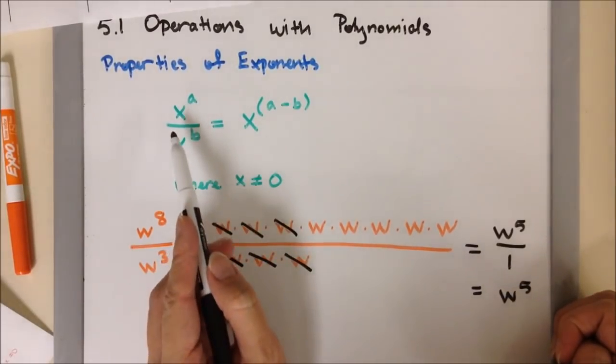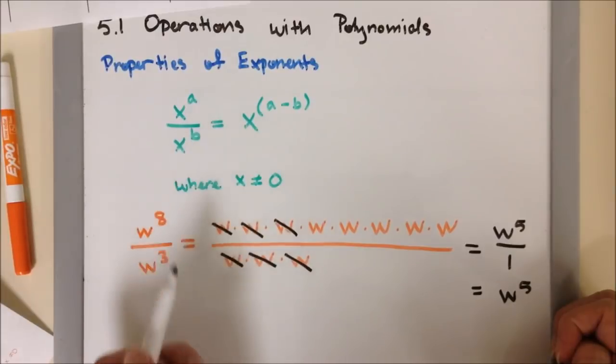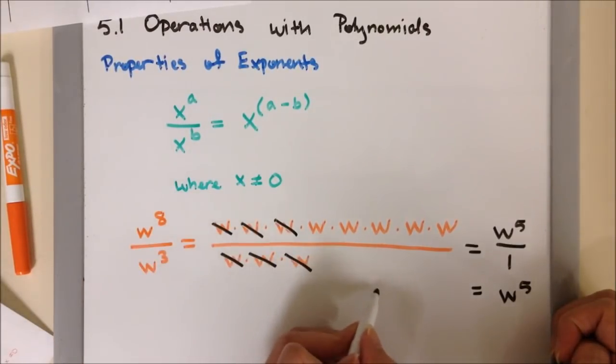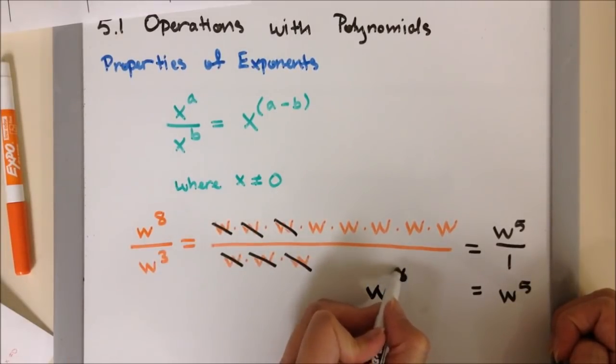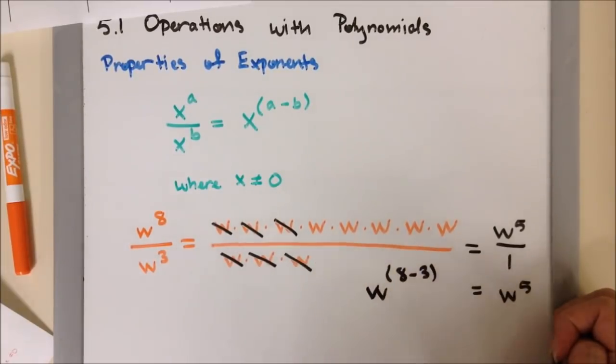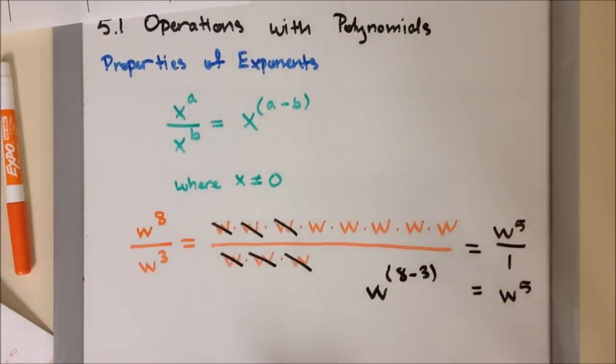Now, that's basically following this law of exponent. w to the 8th power divided by w to the 3rd power basically means w to the top exponent 8 minus bottom exponent 3. 8 minus 3 is 5. So that's how it works.